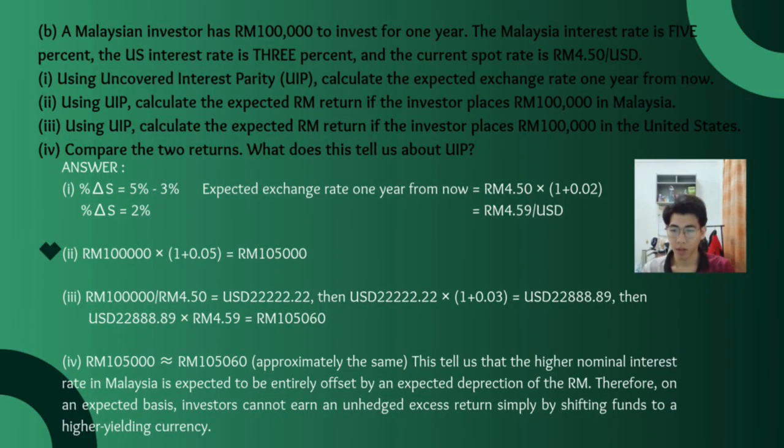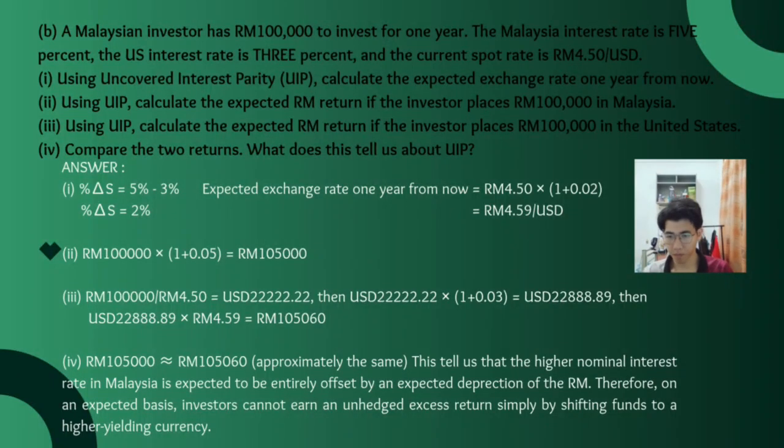For one, the interest rate differential is 2%. So the expected exchange rate 1 year from now is RM 4.5 times 1 plus 0.02 equals RM 4.59 over USD. Two, RM 100,000 times 1 plus 0.05 equals RM 105,000.